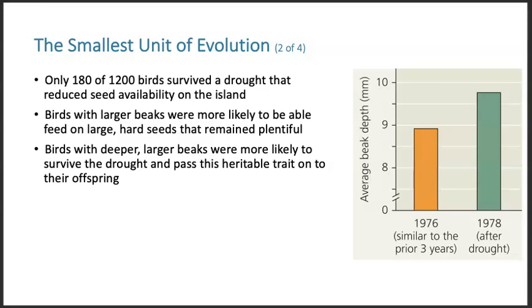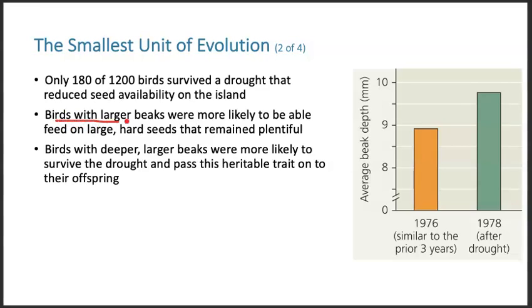Part of the reason for this, one of the major reasons, is because the seeds were just not available. The bushes and trees were not producing as many seeds. Now, the seeds that were able to be produced or survive from year to year with this drought were large seeds that were very hard. So only birds that were able to take advantage of those seeds were able to find food.